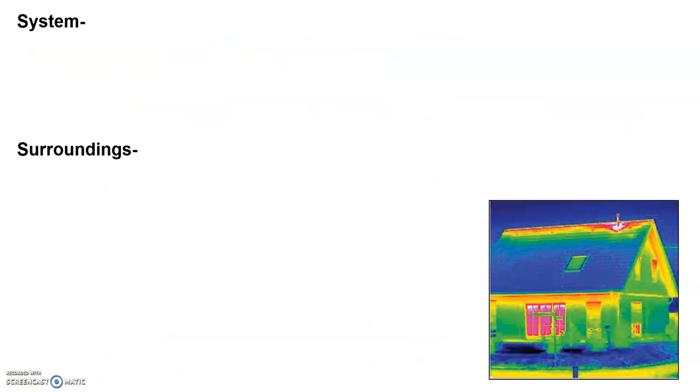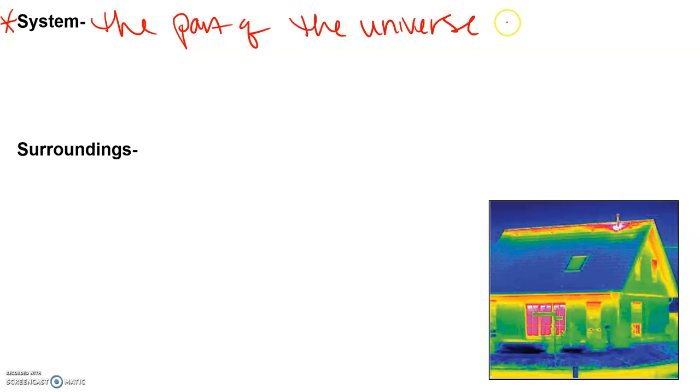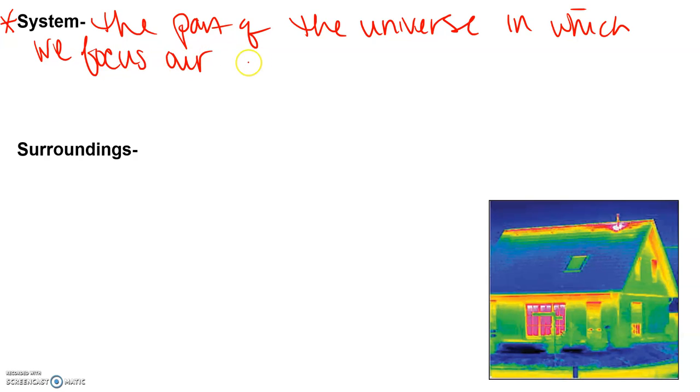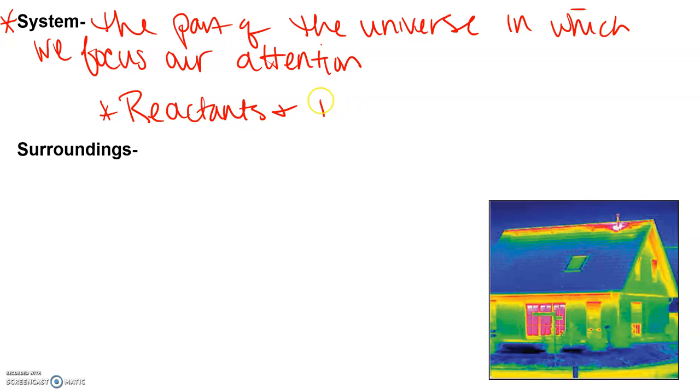All right, next, the definition between system and surroundings. And so it's important to know that we focus on the system. And so the system is the part of the universe that we care about. And more specifically, it is the reactants and products. It is the actual substances, the molecules that we are talking about.